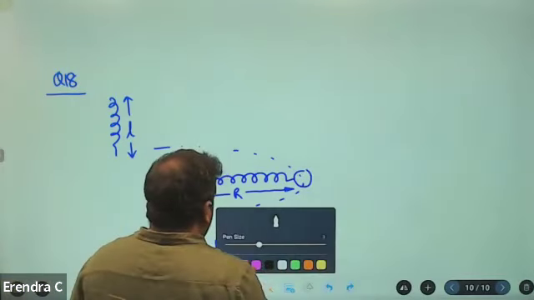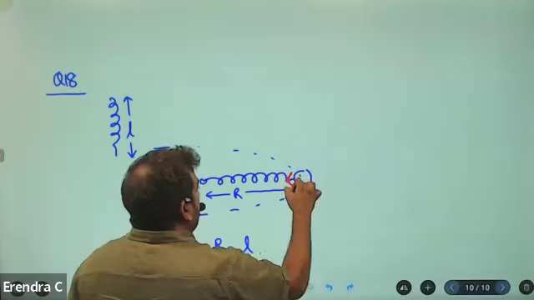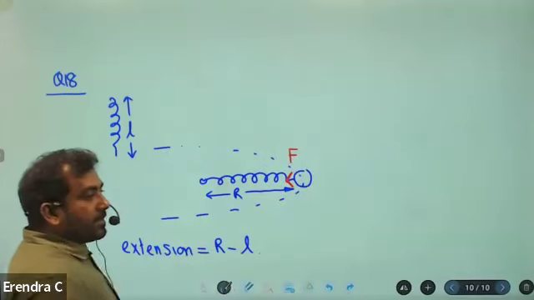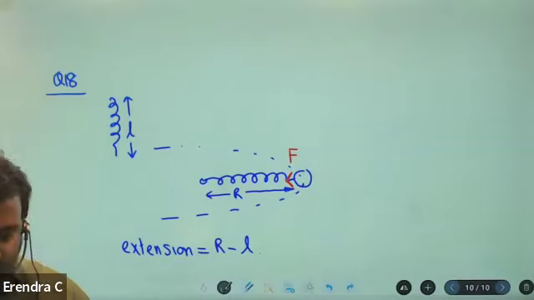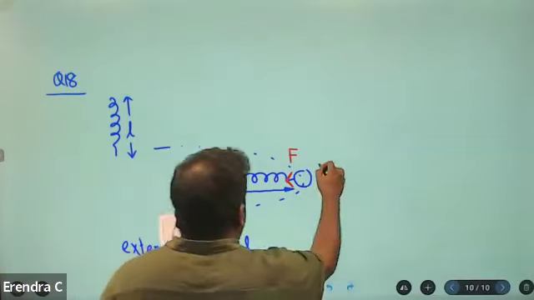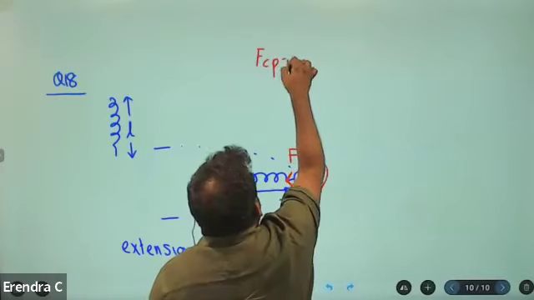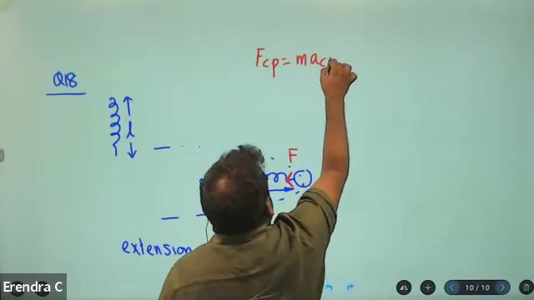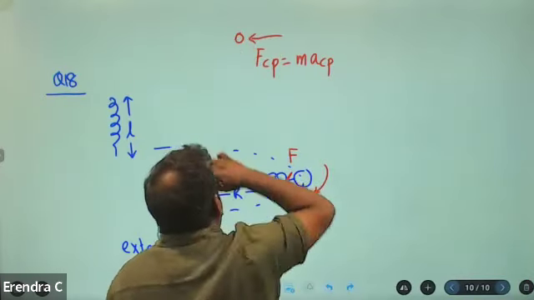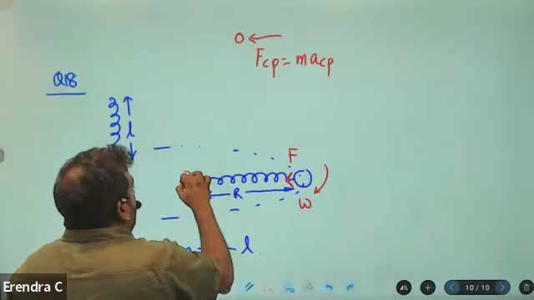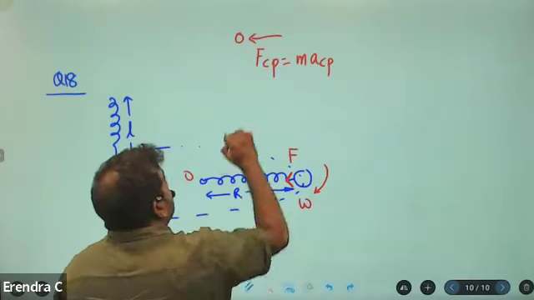Here you have force F. What are they asking you? Angular velocity omega. What is it? So centripetal force equals mass into centripetal acceleration acting towards the center. Who is providing the centripetal force?